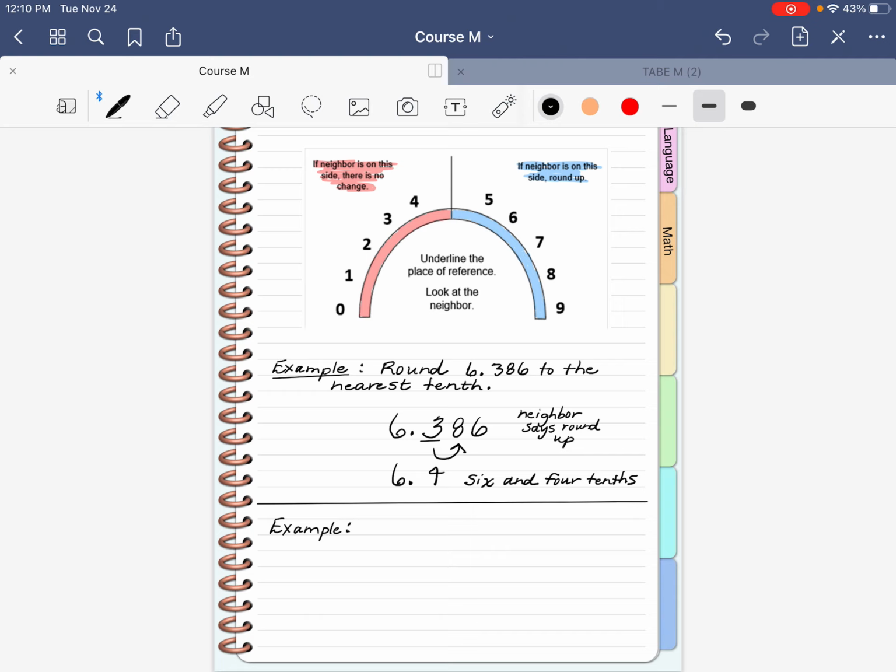Okay, another example. I want to round 302 and 9,683 ten thousandths to the nearest hundred. I'm sorry, I just completely misread that. To the nearest thousandth. It's late and I'm tired.